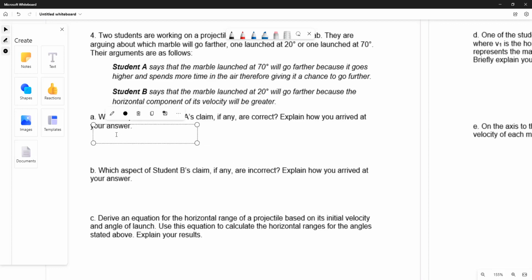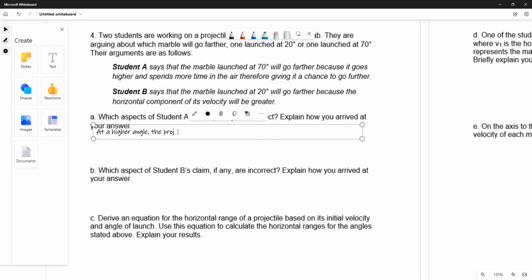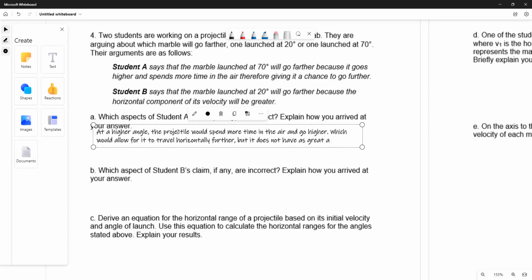Well, at a higher angle, the projectile would spend more time in the air and go higher, which would allow it to travel horizontally further, but it does not have as great a horizontal velocity as the one at 20 degrees.